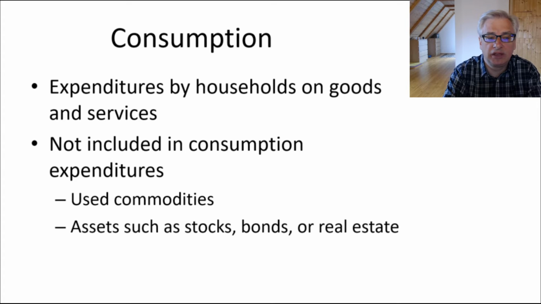Consumption. So, as we said, the biggest element of GDP, these are expenditures made by households on goods and services. For GDP calculations, we do not include consumption expenditure on used commodities. Sometimes those used commodities are simply not produced over the year that we are interested in.